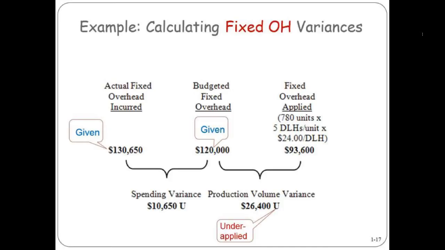Ultimately, this is what was spent. This has to be costed out. So you have to allocate this out in some fashion. Quite often, it's due to your choice of this denominator. That's what drives the allocation. So what you would do for future periods is rethink this. Why was it so far off?